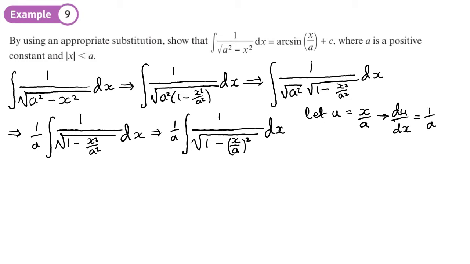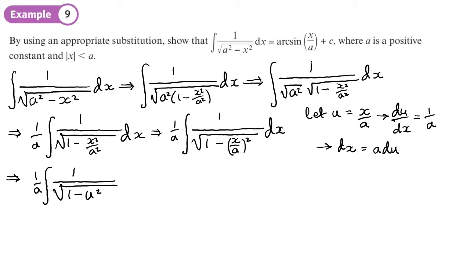And now substituting, I have 1 over a, and then 1 over the square root of 1 minus u squared. This is my substitution. And over here dx then equals a du, if you multiply both sides by a and multiply both sides by dx.